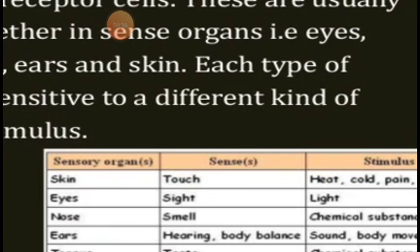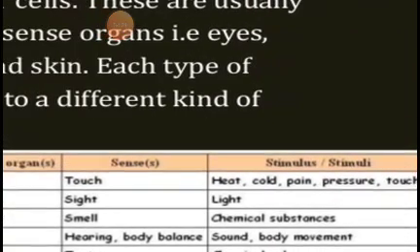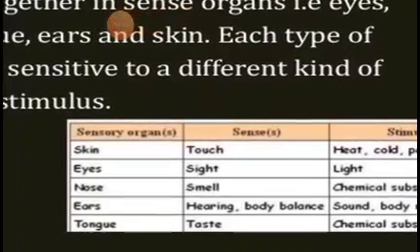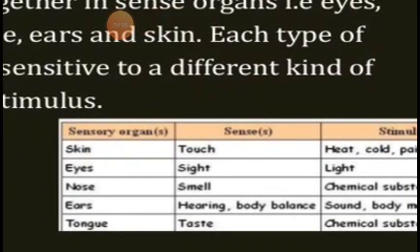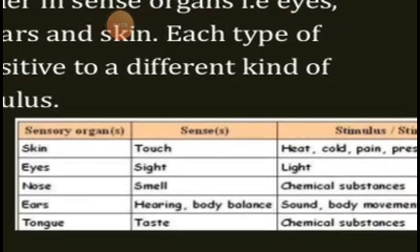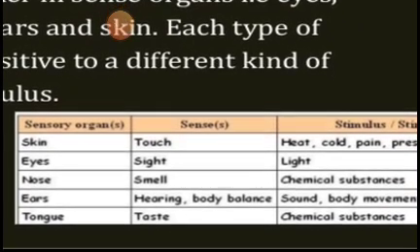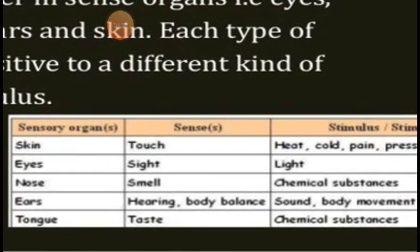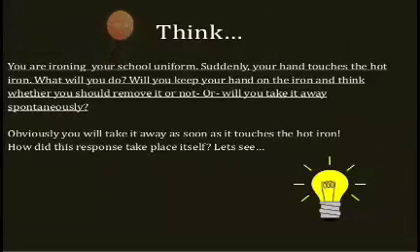Skin gives a sense of touch and receives stimuli like heat, cold, pain, pressure, touch. Eyes sense sight or vision; the stimulus is given by light. Nose, smell, by chemical substances. Ear, hearing and body balance, sound and body movements. Tongue, taste and chemical substances.